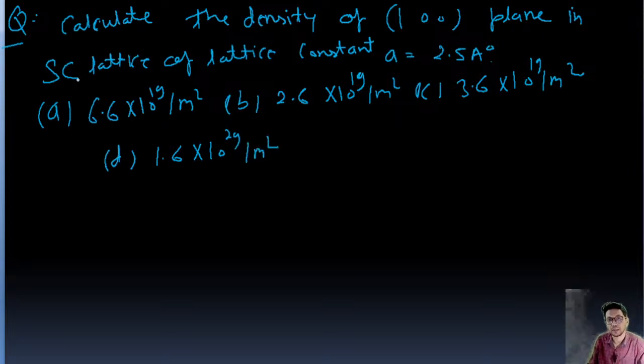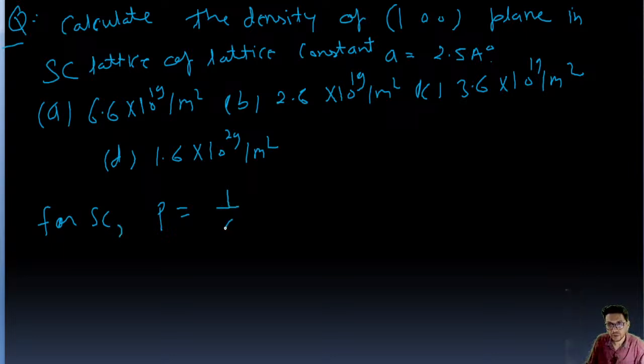So this is the question, guys. Calculate the density of the 100 plane in the SC lattice of lattice constant A equal to this. So we need to find planar density, and for SC, we know the planar density rho is equal to 1 upon A square.